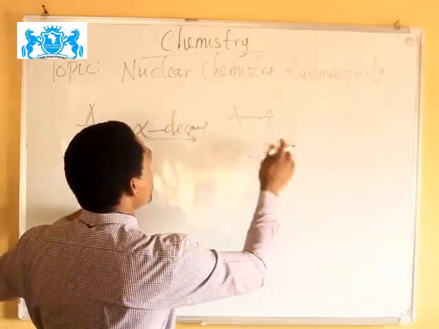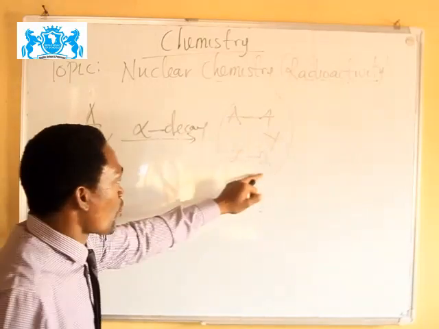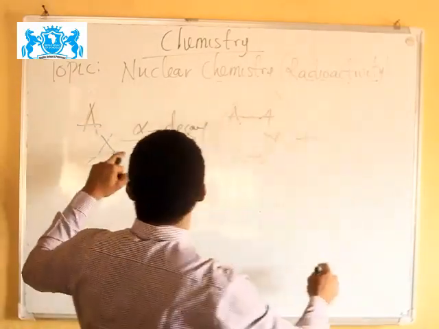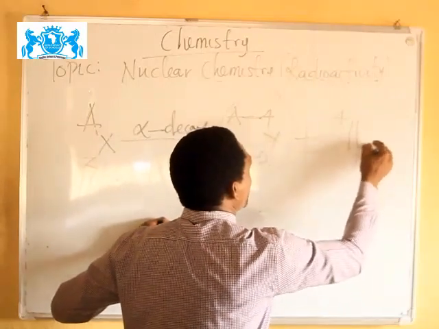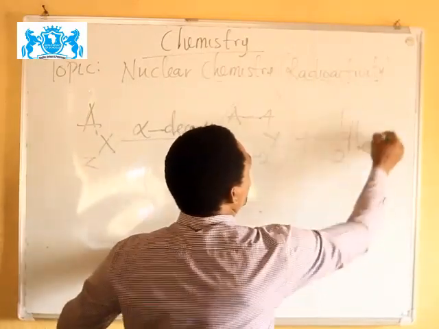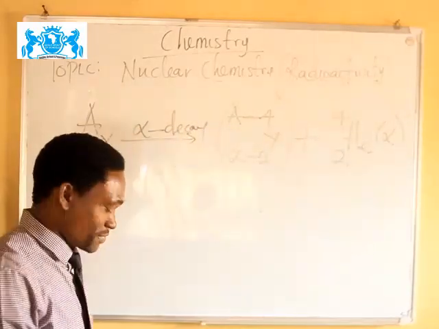Let's say the new product, the daughter nucleus that is produced, is Y, from X to Y. And in that process, it will liberate an alpha particle, which is represented by a helium atom.